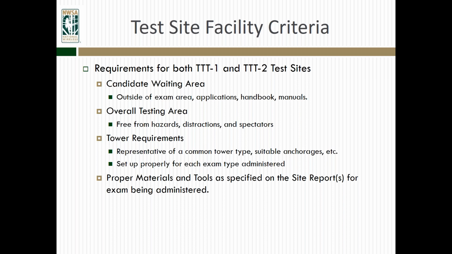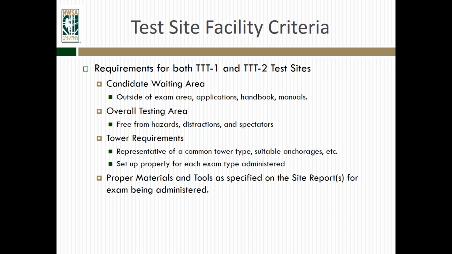First of all would be a candidate waiting area. You need to have some location where the candidates will be greeted and waiting prior to their exams beginning. That needs to be outside of the exam area, not somewhere that they will be able to watch exams going on. Within that candidate area, you would want to have their candidate applications for them to fill out that captures all their information as well as the payment information for the exam.